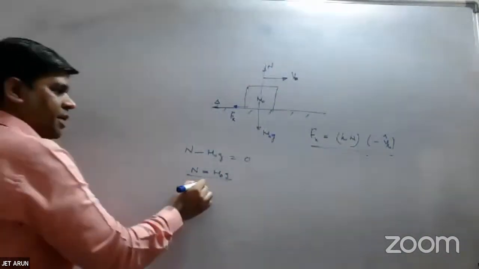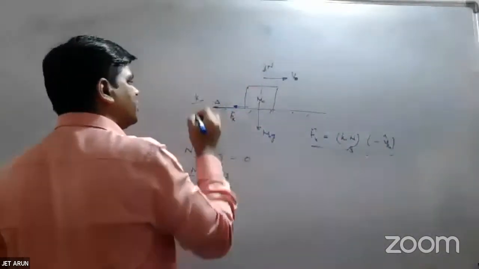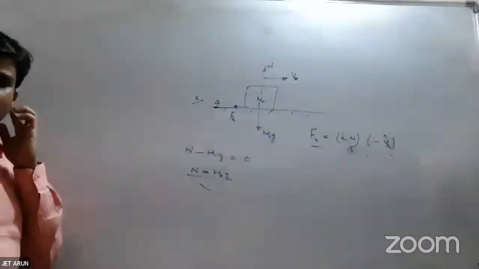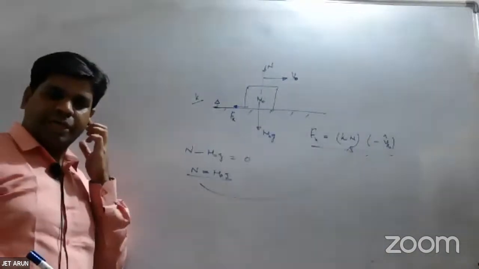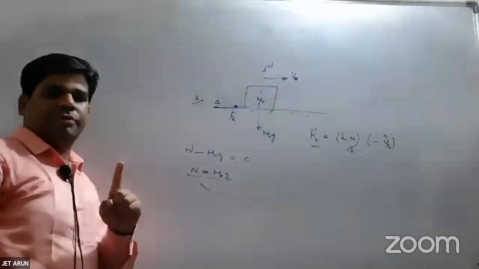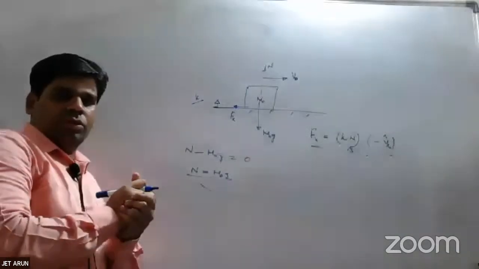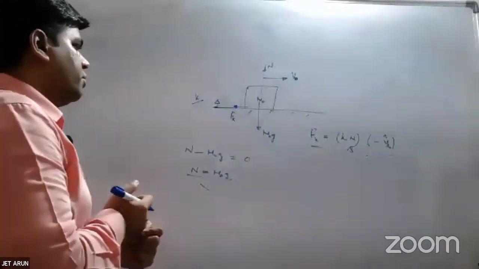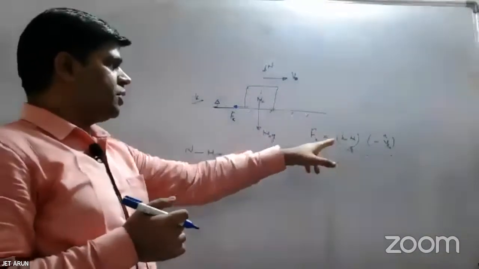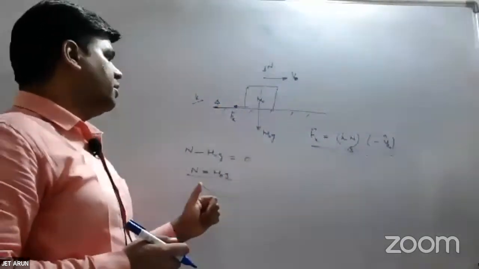I got normal reaction, I'll plug it here. Coefficient of friction is given. If it is not mentioned whether it is static or kinetic, it means the coefficient of static friction and coefficient of kinetic friction are the same. So I'll get force is equal to mu mg directed opposite to the direction of velocity.